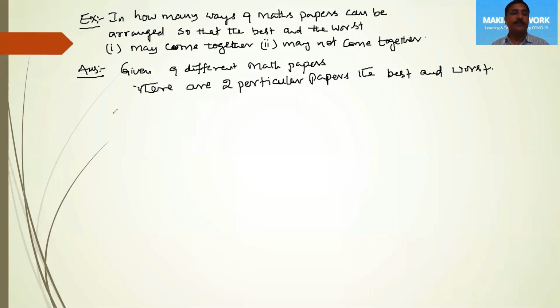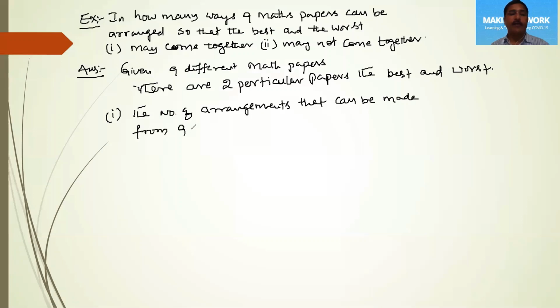So here the first condition is the two particular papers come together, the number of arrangements, means permutations that can be made from 9 different things.